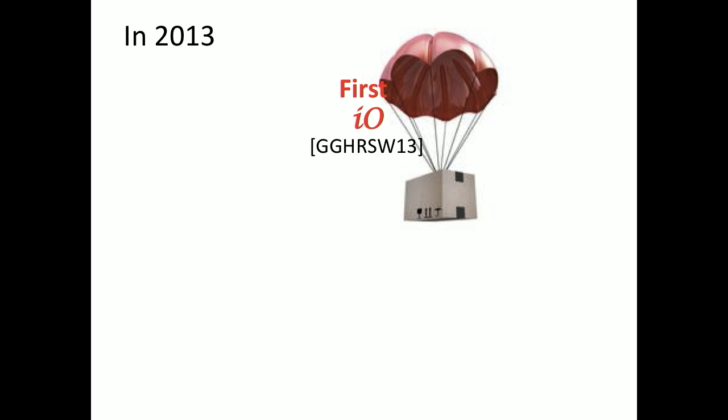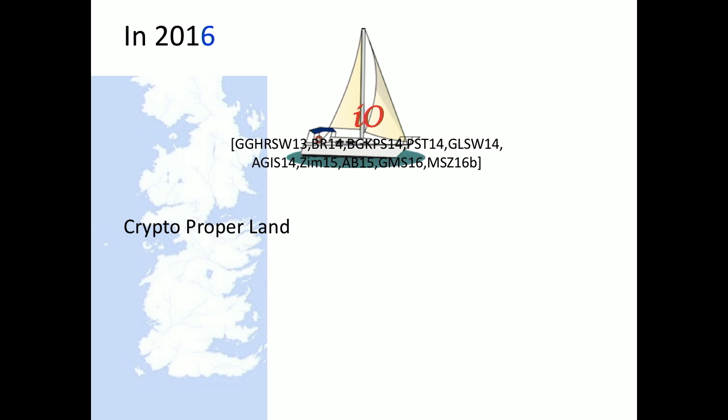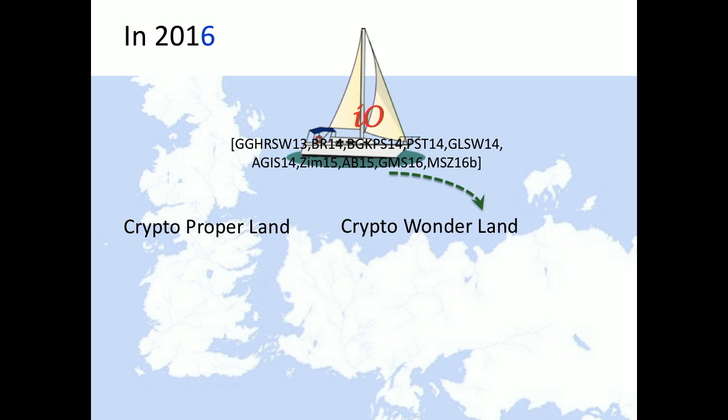And since then, there has been an explosion of work on what IO can do and how we construct IO. So 3 years after, today, in 2016, first of all, we have way more different constructions of IO. And furthermore, through the boat of IO, we have successfully traveled from what we call the crypto proper land, which we used to operate in, to this crypto wonderland.